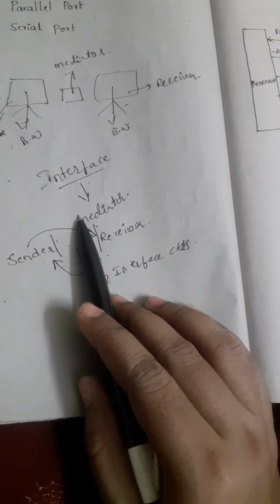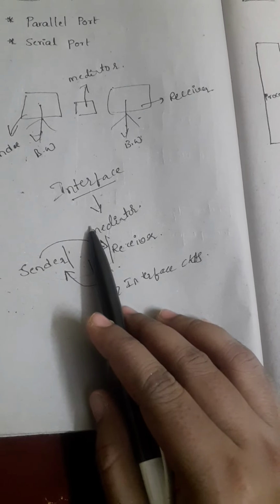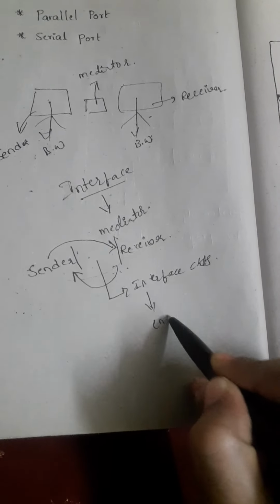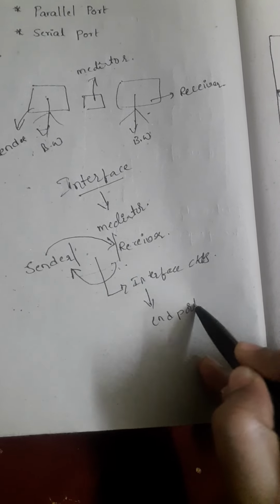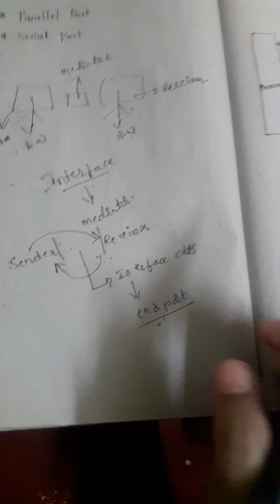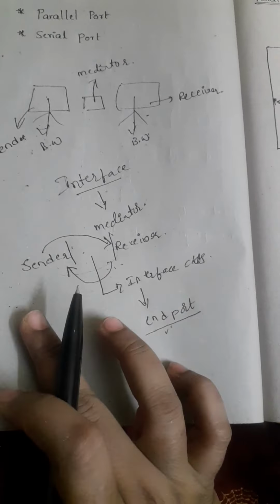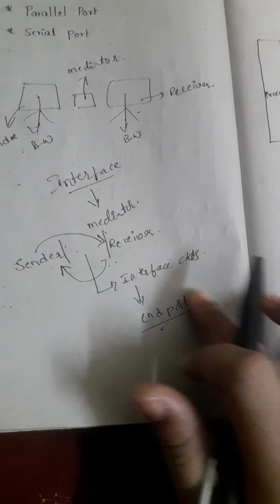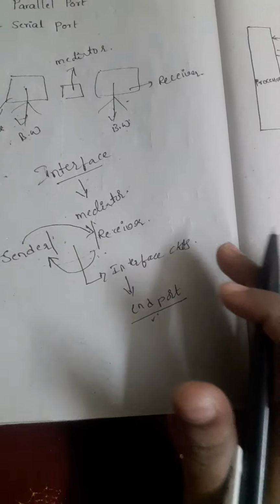The purpose of these interface circuits is to establish the endpoints connectivity. How the sender will be connected and how the receiver will be connected, for that purpose it establishes the endpoints.